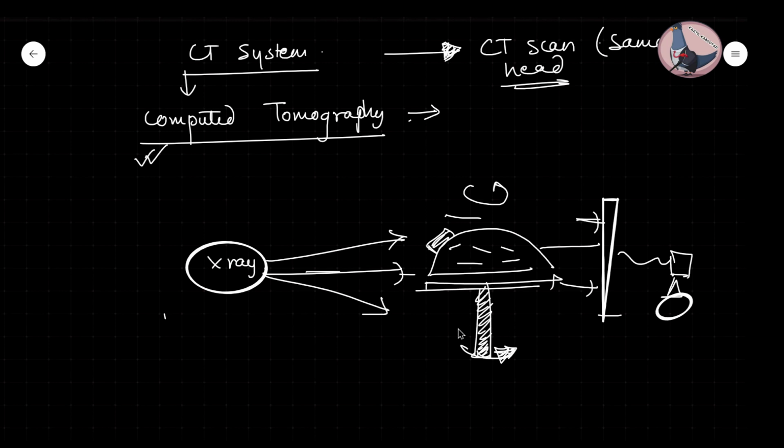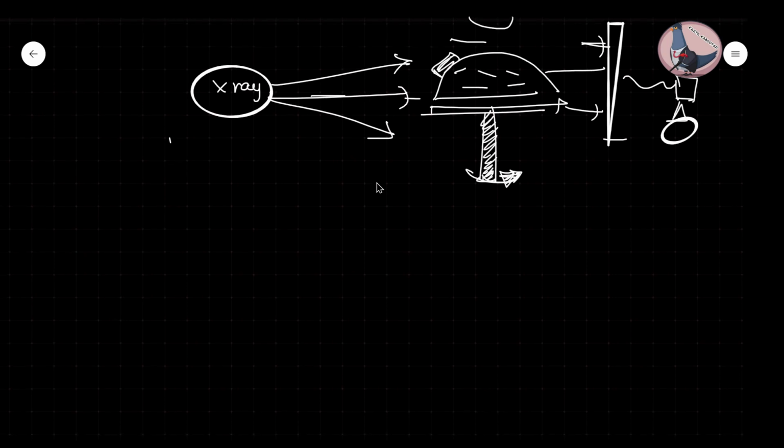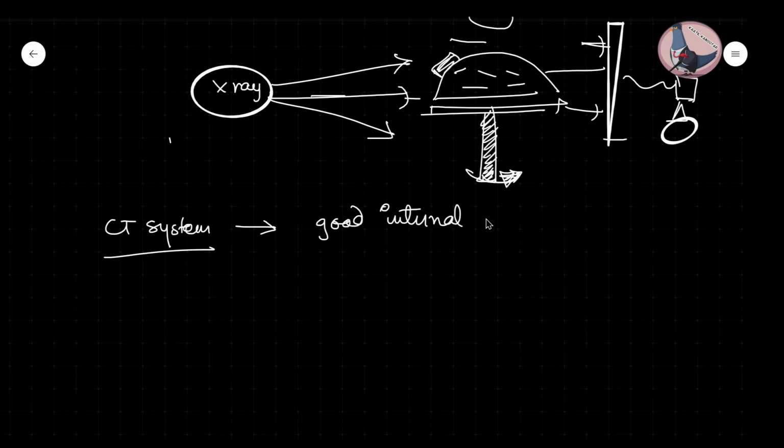So if you are getting the internal know-how with your CT system, then you can understand that it will give you very good measurement of internal dimensions also, which your CMM is not giving.